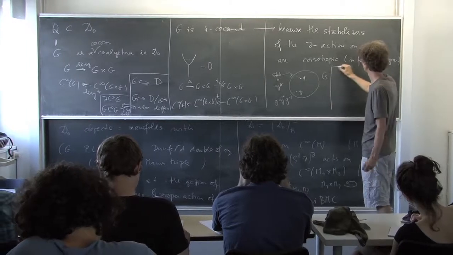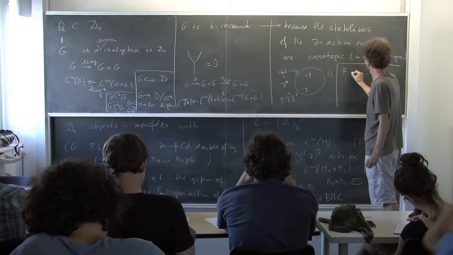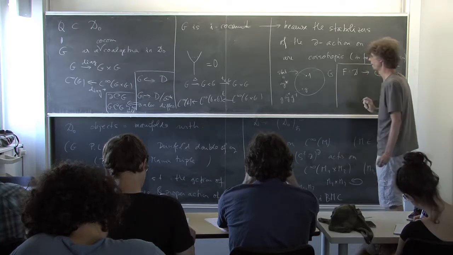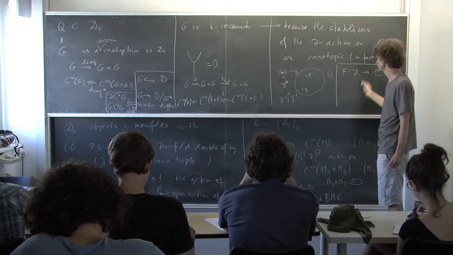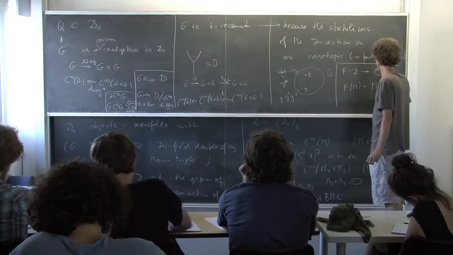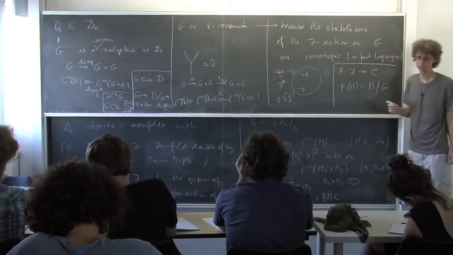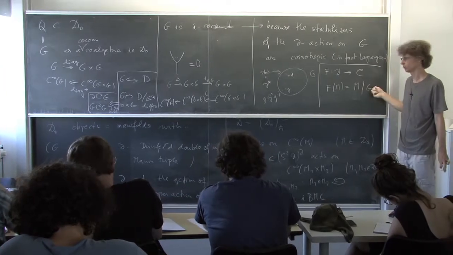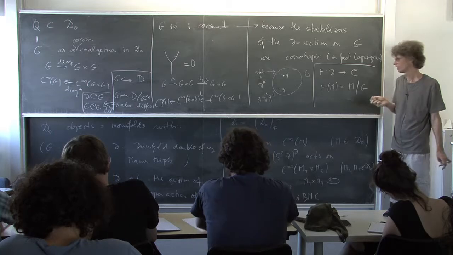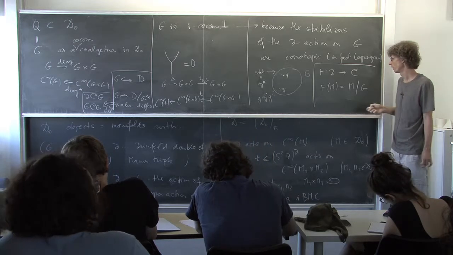I can fit F here. So F is going from D to C. And who is that? This F of M is equal to M mod G. I think that, yeah, we suppose that the action is free and proper, so this is a good thing.